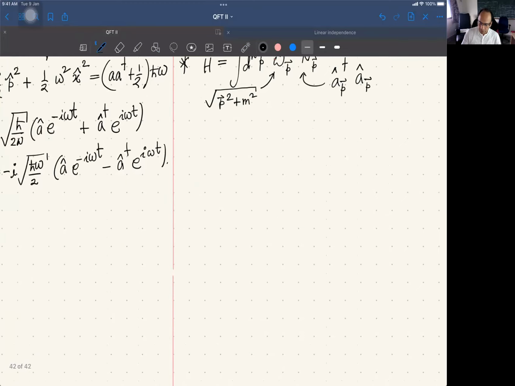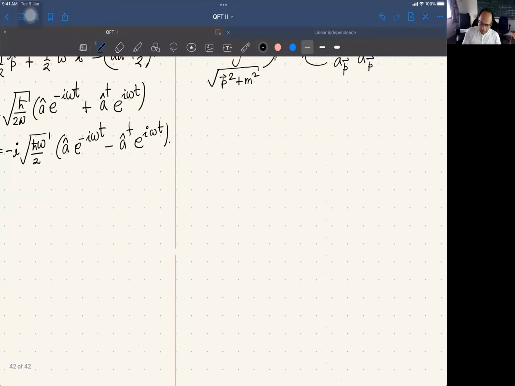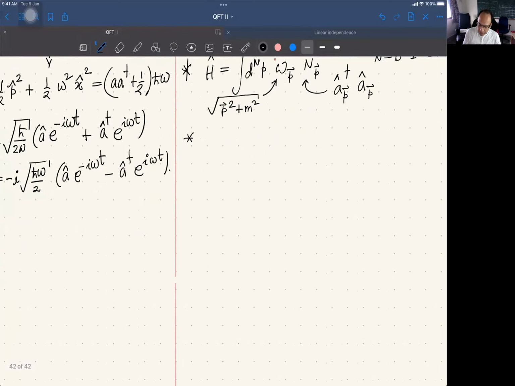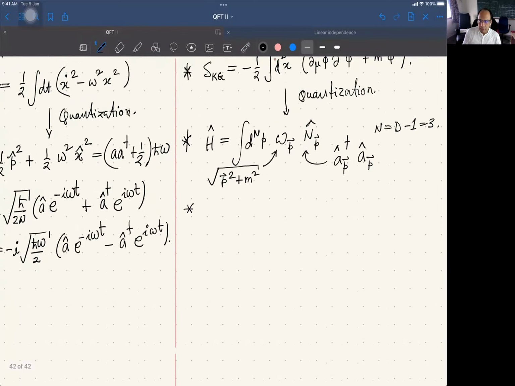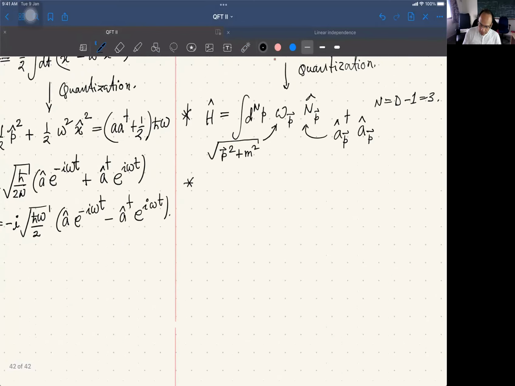Number operator corresponding to p vector. And the relations between phi x and a p dagger, etc., are given by the following equations.